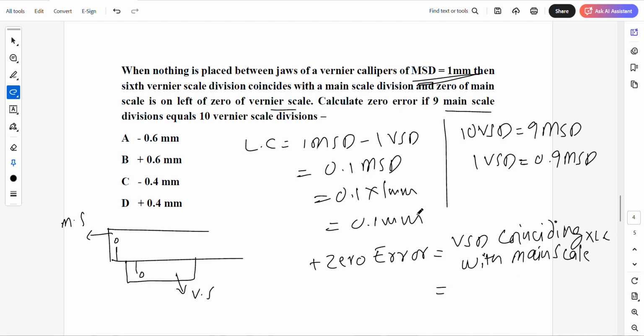How much is VSD coinciding with main scale here? They have given 6. That is 6 into least count 0.1, that is equal to plus 0.6 mm. That is the right answer.